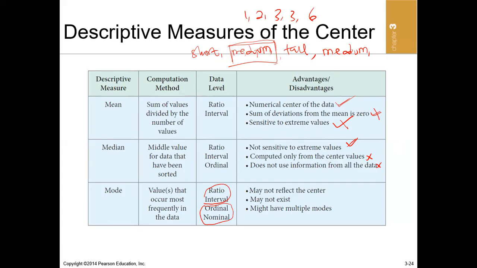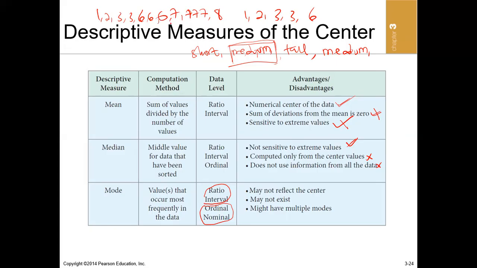But the mode may not reflect the center. For instance, if I have figures like 1, 2, 3, 3, 6, 6, 6, 7, 7, 7, 7, and 8, the mode is 7, but 7 is not really the center of this data if you check, all right?